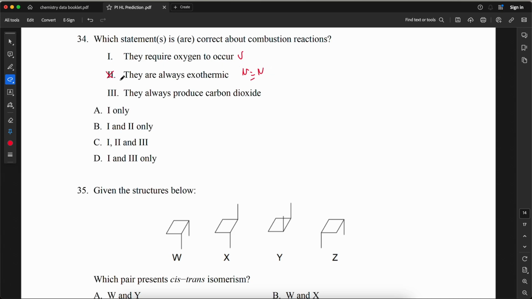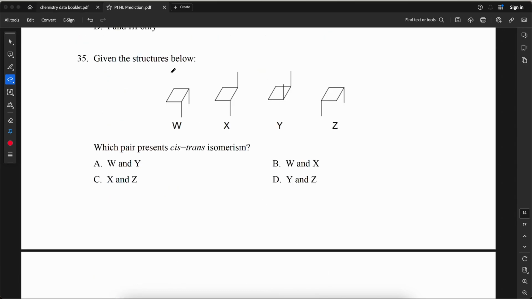So this is not the correct answer. They always produce carbon dioxide. It depends on whether it is complete or incomplete. If it's complete, they always produce carbon dioxide. It doesn't mention complete combustion, so it can also produce carbon monoxide or carbon. Therefore, the answer is only 1.